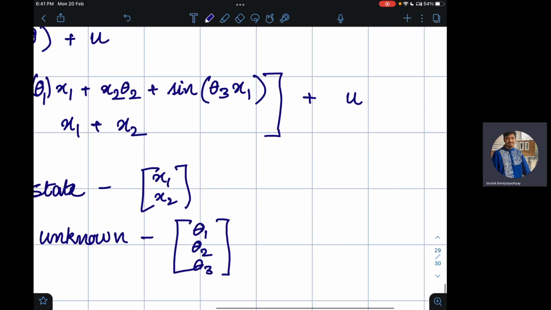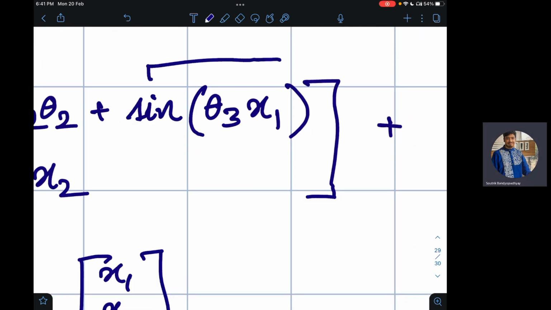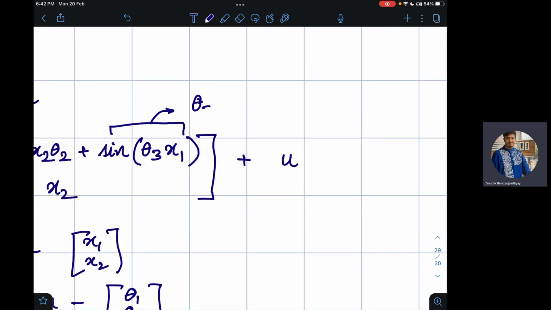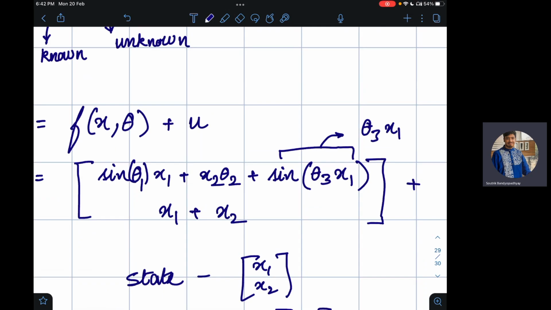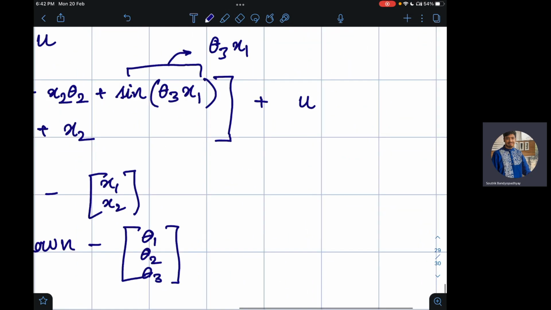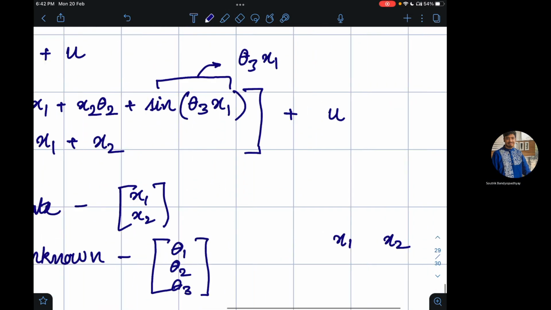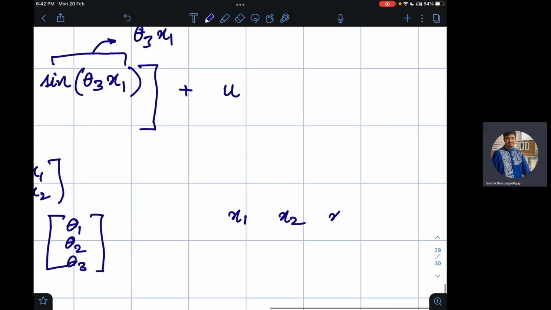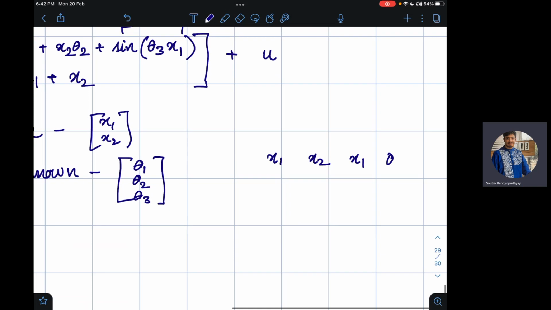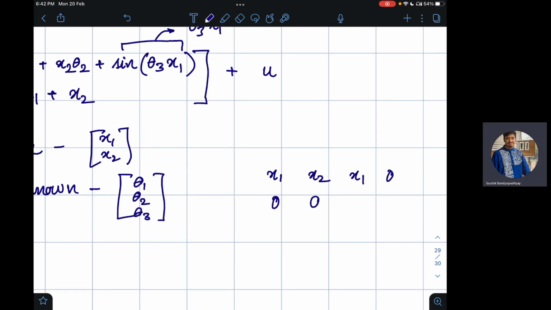Right? Now, look at this specific term over here. This specific term has theta 3 and x1 multiplied together. So if theta 3 multiplied by x1 was the case, then you could have easily separated this entire thing out by writing x1, x2, and x1.